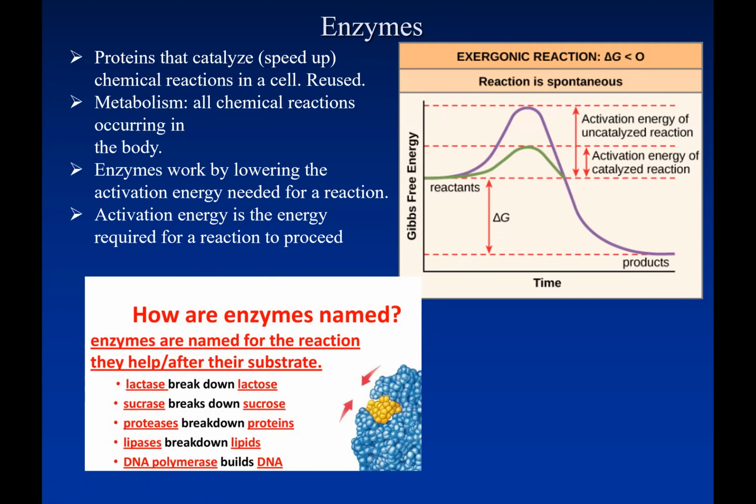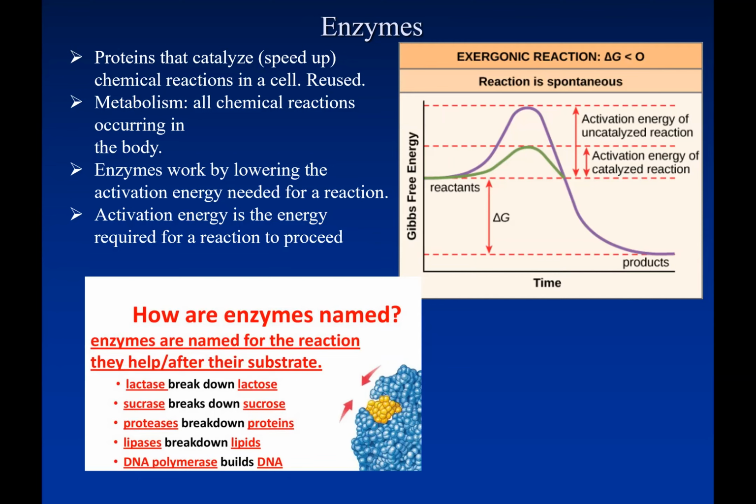Here's an example: sucrase is the enzyme because it ends with -ase. It is going to break down sucrose, which is the substrate. Proteases will act on proteins, lipases will act on lipids, lactase will act on lactose.